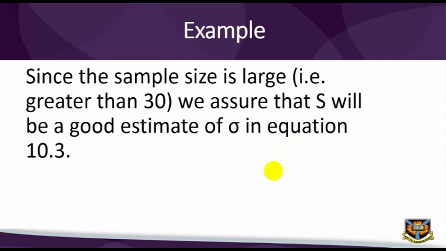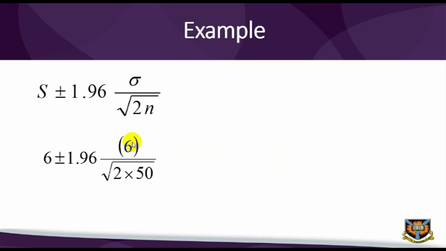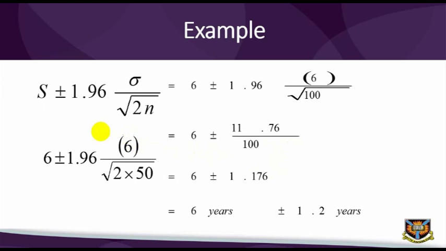Write down the formula: 95% confidence interval for standard deviation is S plus or minus 1.96 sigma over square root of 2n. Step 2. Insert the given values: 6 plus or minus 1.96 times 6 over square root of 2 times 50, which is equal to 6 plus or minus 1.96 times 6 over square root of 100.